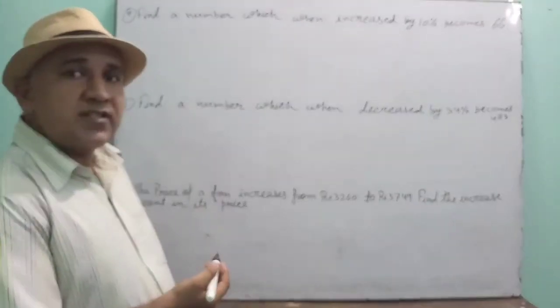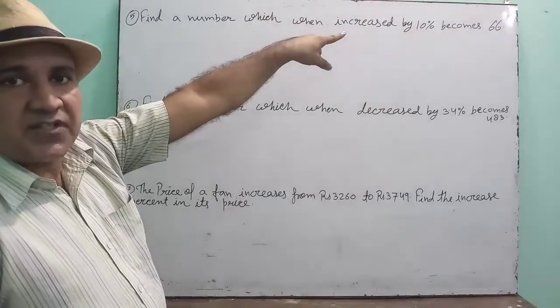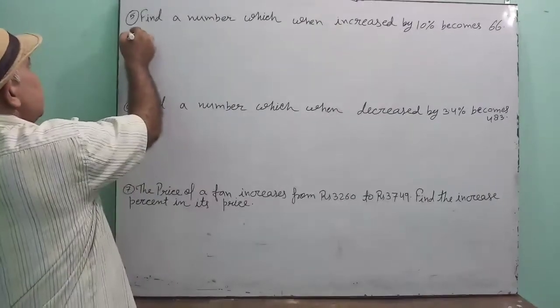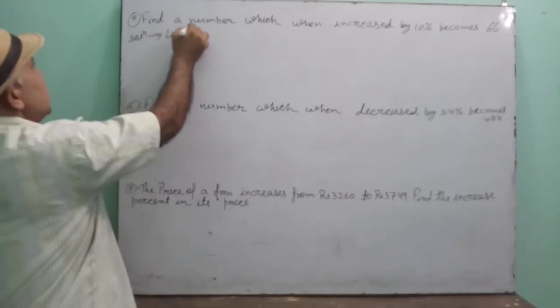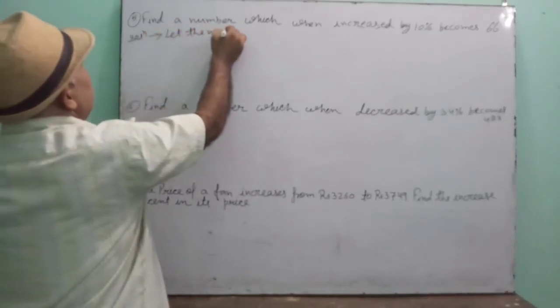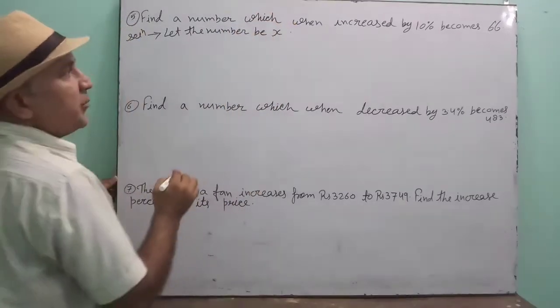Okay, now see some more questions. Question number 5. Find a number which when increased by 10% becomes 66. That means in this question we have to find a number. So first suppose the number be x. Let the number be x.